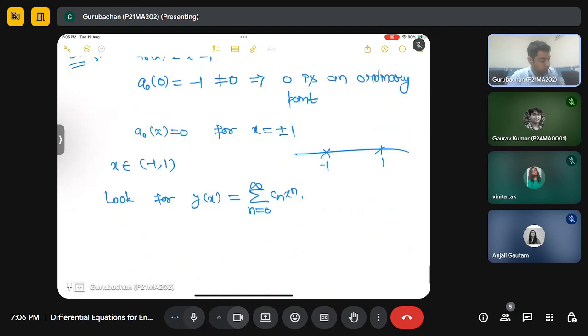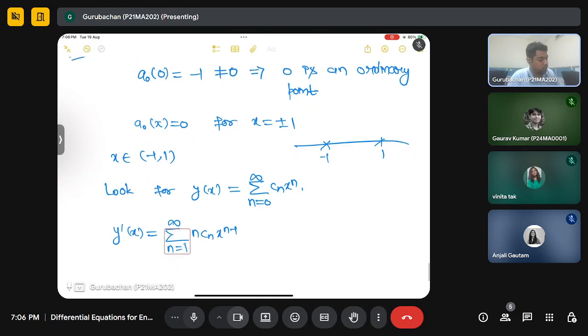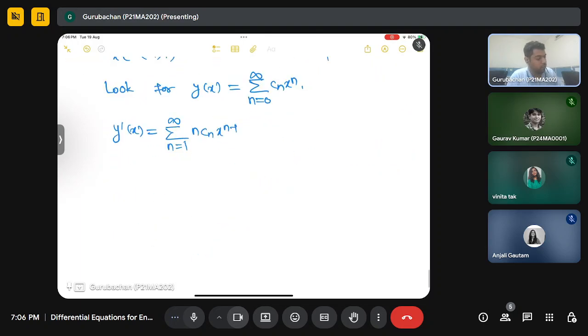So for this, what will be y dash x? It will be the sum n from 1 to infinity cn x to the power n minus 1, while y double dash x will be the sum n from 2 to infinity n into n minus 1 cn x to the power n minus 2.